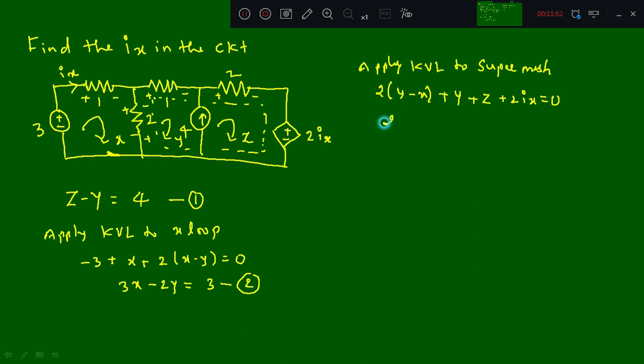So if I simplify this, 2y minus 2x plus y plus z plus 2 into ix equal to 0. But ix in this equation, ix can check, it is flowing in the x slope. It is flowing in the x slope.